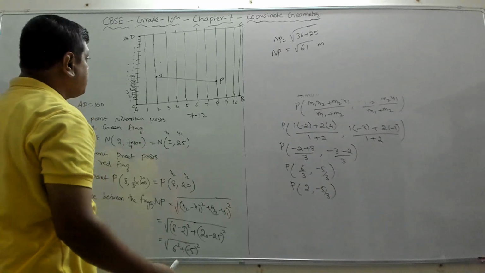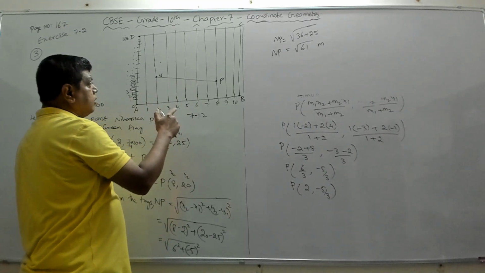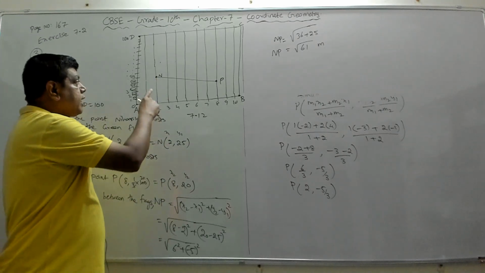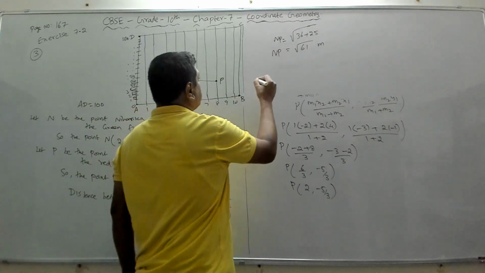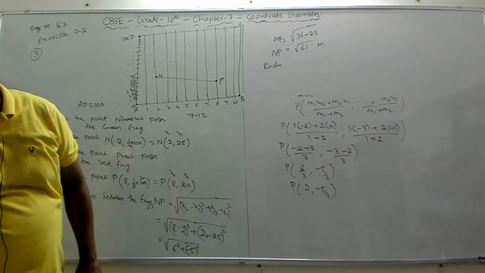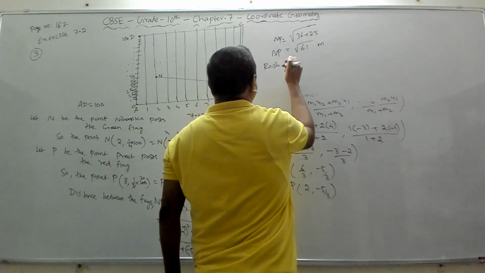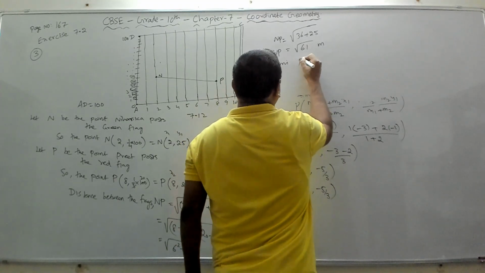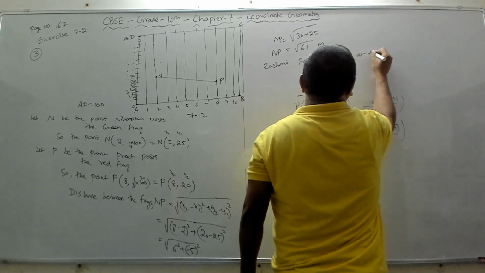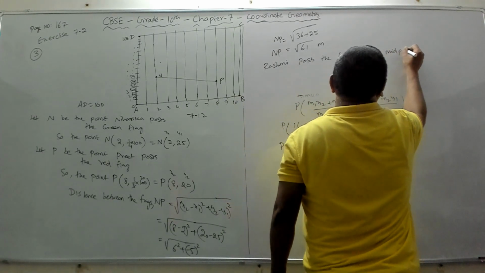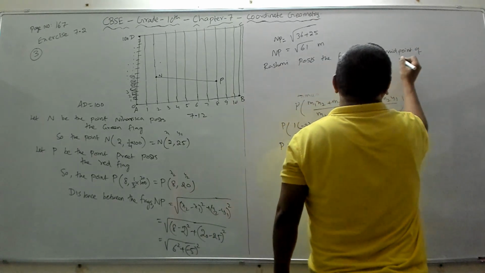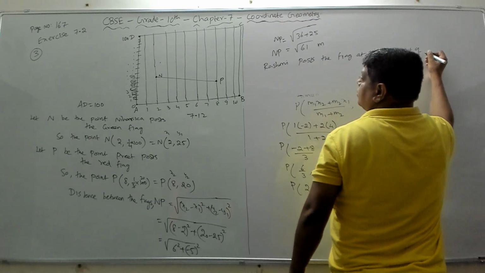Fine. Now the next thing is we need to find where the third girl, Rashmi, is going to place her flag, which is exactly at the midpoint of NP. So Rashmi posts the flag at the midpoint of NP.